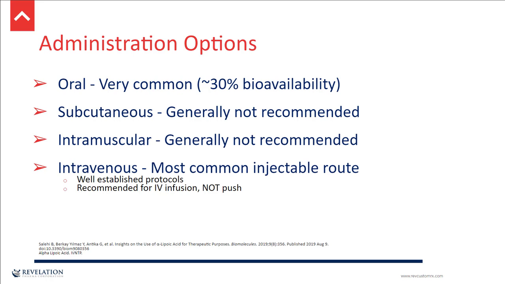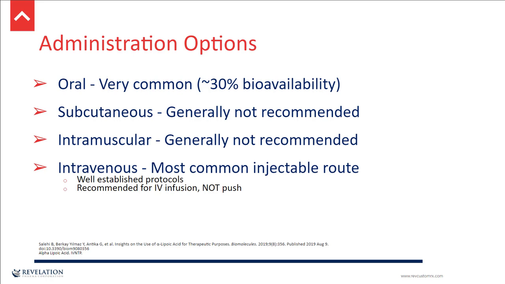We generally don't do subcutaneous or intramuscular or IV push. It's typically going to be recommended as an IV infusion, and that's because of solubility issues with alpha lipoic acid. It generally can't be mixed with anything else, as well as the hypoglycemia issues that can result from pushing or administering high doses too quickly.